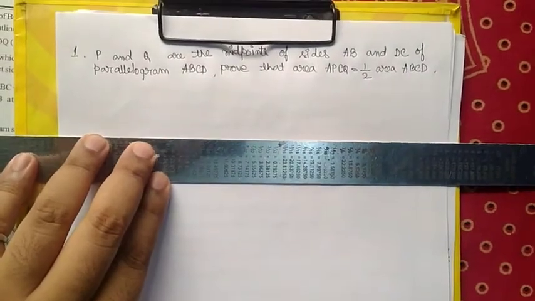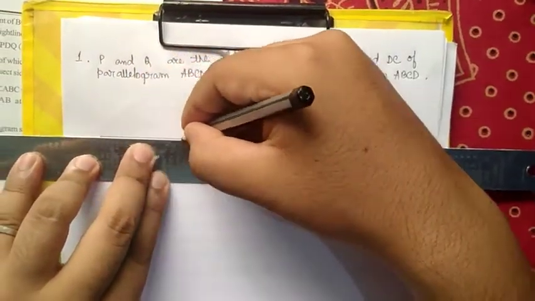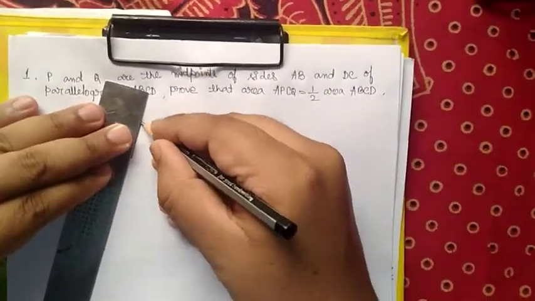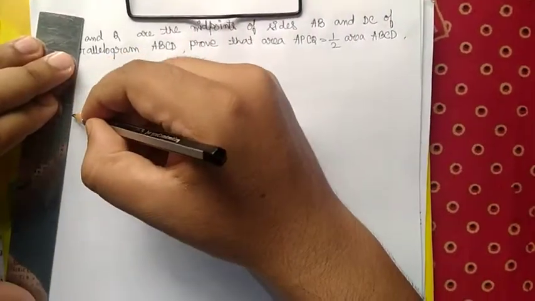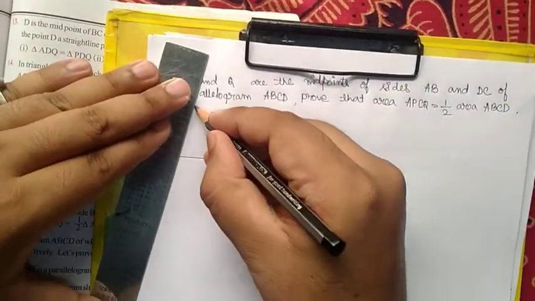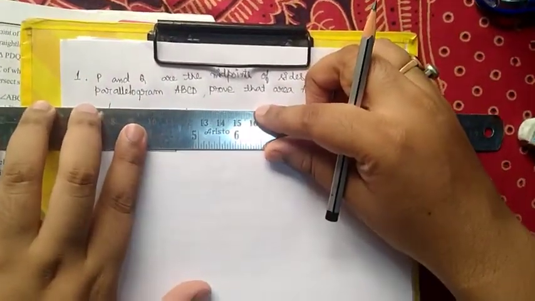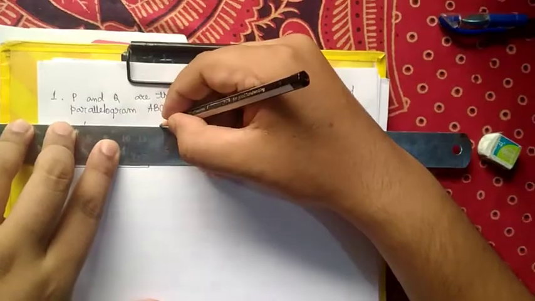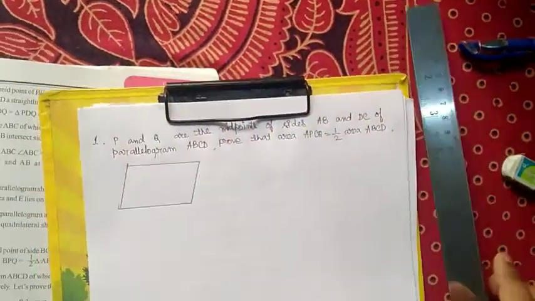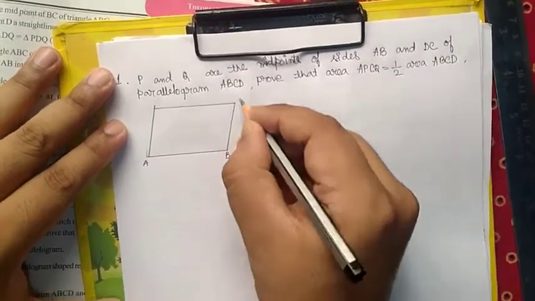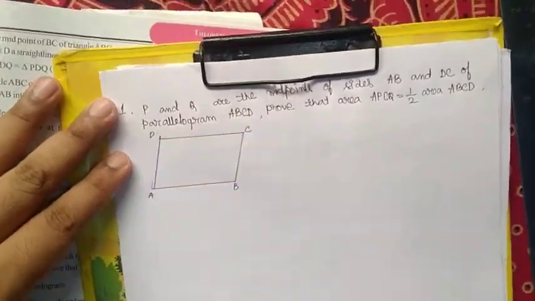The diagram should be like in this manner. The diagram's name is ABCD parallelogram.